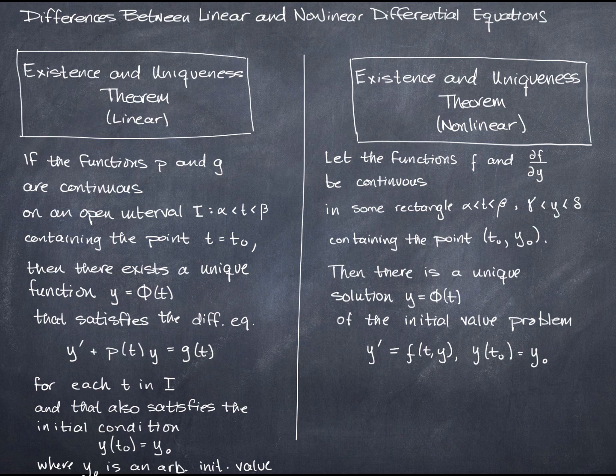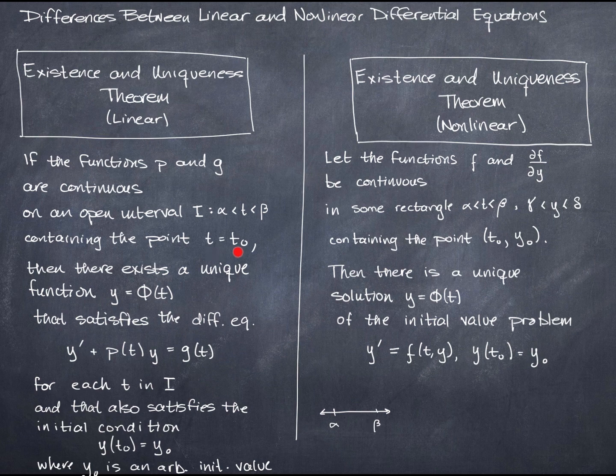Okay, now before I go in and reinsert the missing information, I want to take a look at what the difference is between this open interval and this rectangle that's talked about in the nonlinear version. The open interval is simply some piece of the number line. We're talking about just real numbers, and somewhere in between alpha and beta, but not including alpha and beta, all of the t values that we're allowed to play with fall between those two values.